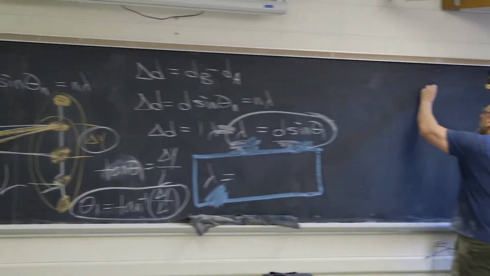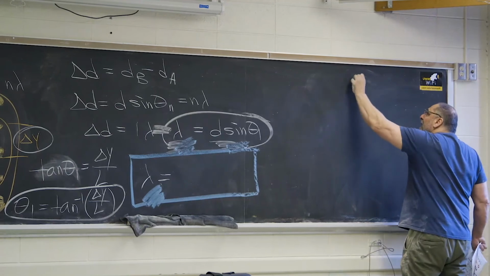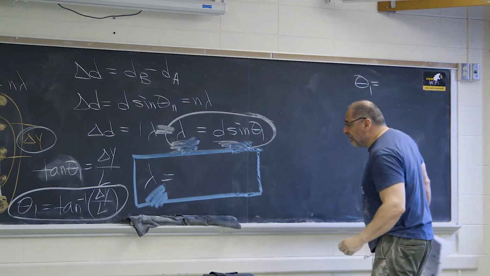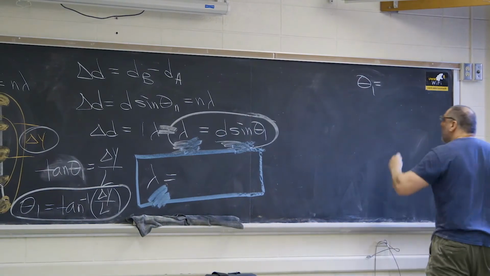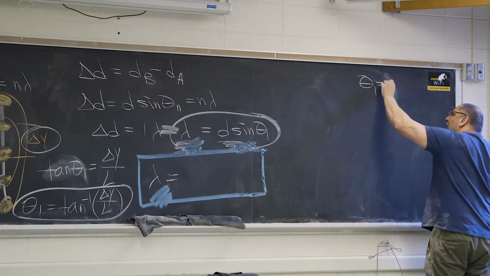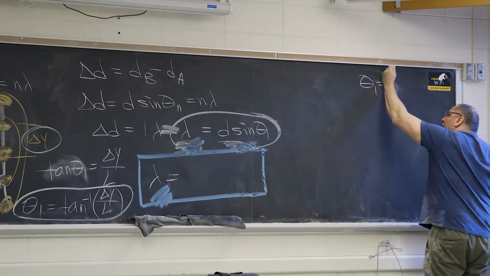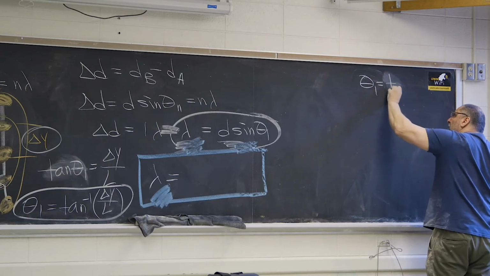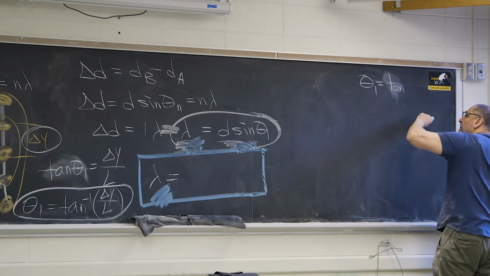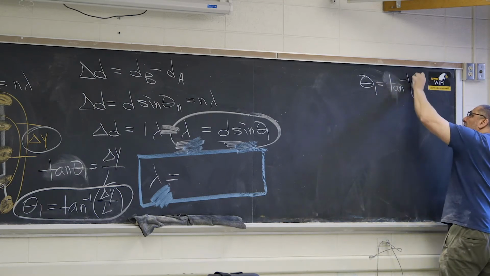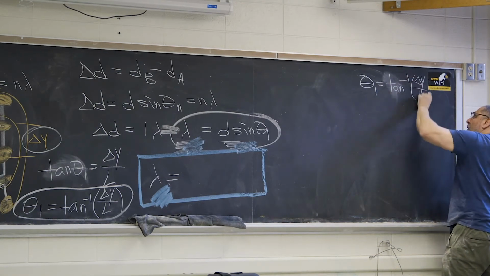Theta 1 is the inverse tangent, as we said, of delta Y over L.